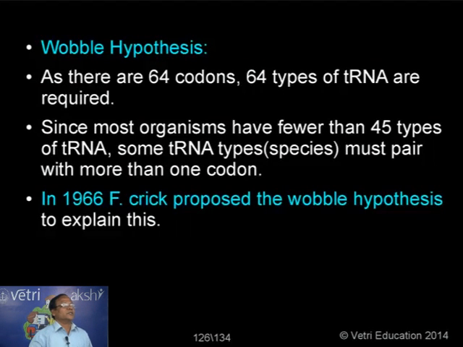Now, the Wobble hypothesis. What is the Wobble hypothesis? I mentioned already we have 64 codons. For that, we would need 64 tRNAs. But in most organisms, we have fewer than 45 tRNAs.